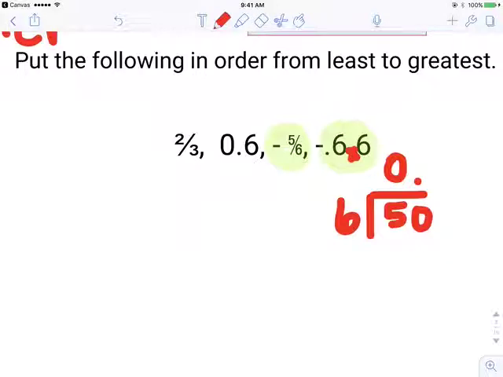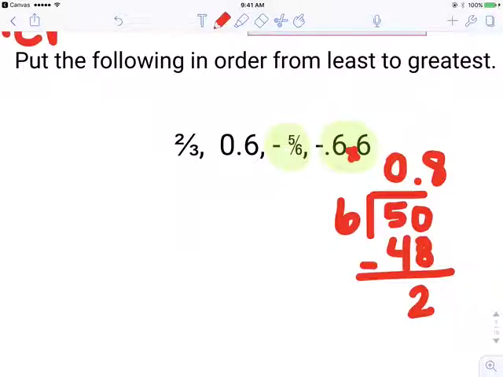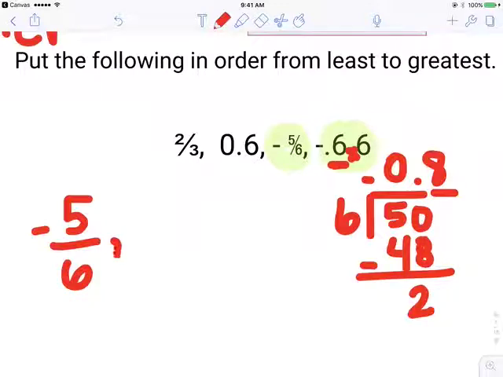I know 6 goes into 58 times. So on Friday, I would have told you, oh, you need to work all the way through at least 3 decimal places. But I can automatically see that this negative 0.8 and negative 0.6 can be compared. Negative 0.6 is closer to 0, so I know that negative 5/6 is the smallest number.